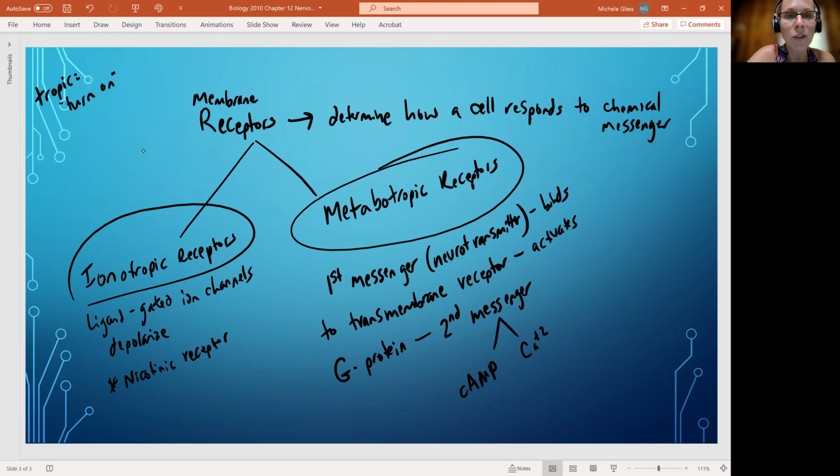This is how I like to view my G protein. My G protein is this bridge between the first and the second messenger, but it's not either one of those things.